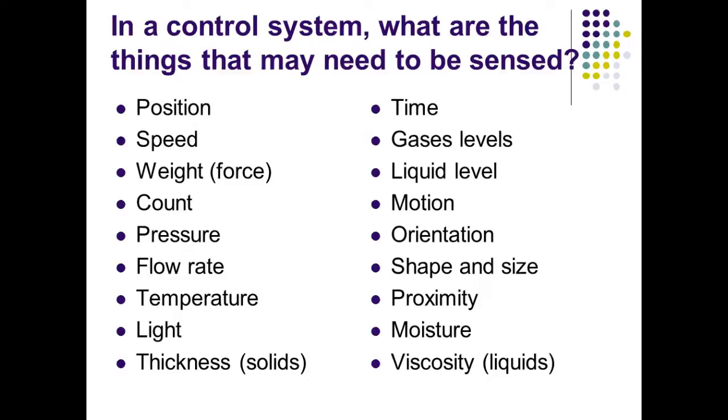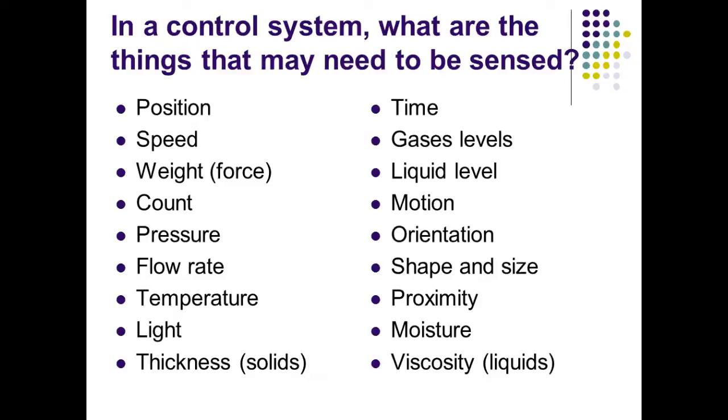Might need to sense the brightness, the color, and the intensity of light, how thick something is. We might need to sense time, gas levels, which is covered in the book, liquid levels, motion, if something's been moving, like a motion detector on your house with floodlights, orientation, how it's oriented, the shape, the size, proximity, which means what's it next to, moisture and viscosity.